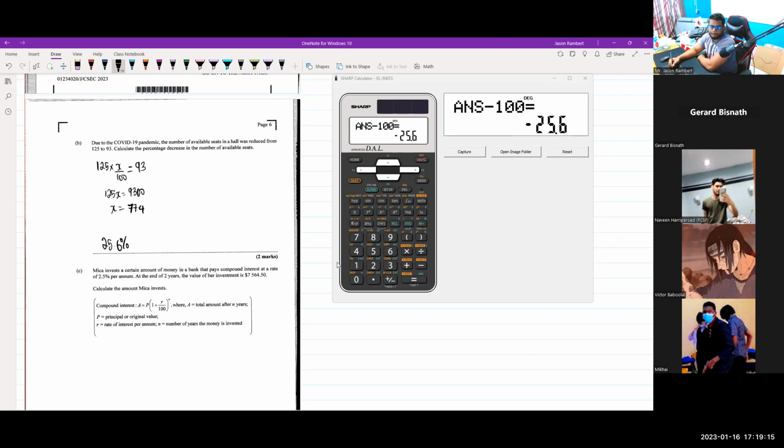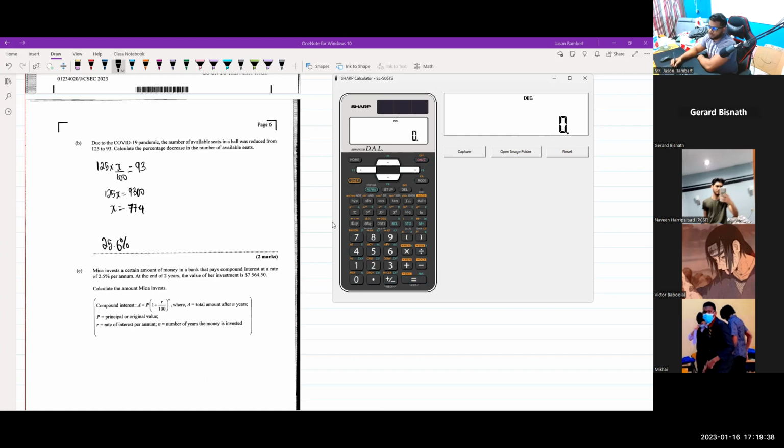And X is equal to 74.4. No, it will be 25.6% was the percentage decrease. You put a wrong number from what was on the calculator.